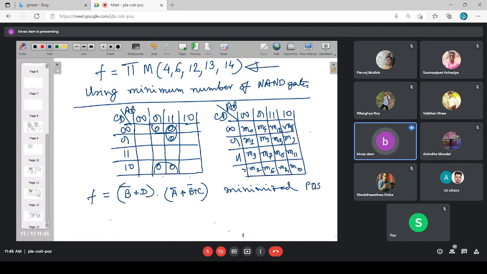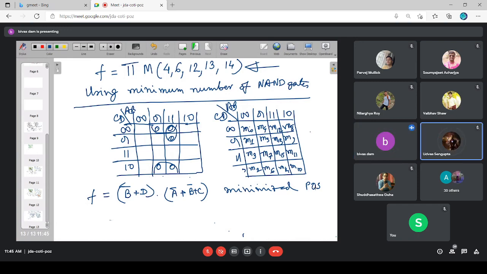But that is not our required answer, because here we are asked to realize the function using the minimum number of NAND gates. For that, this is not the answer. This is the answer for a separate question, where I ask you to realize the minimized POS format of the given function. Okay, is this point clear?